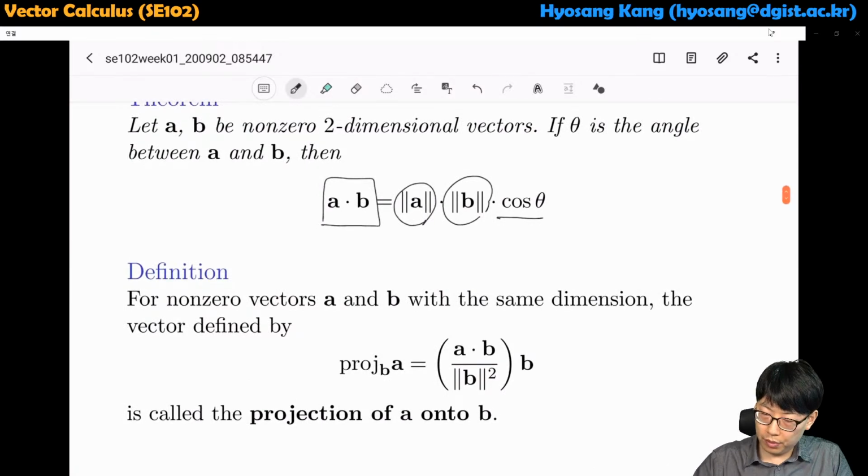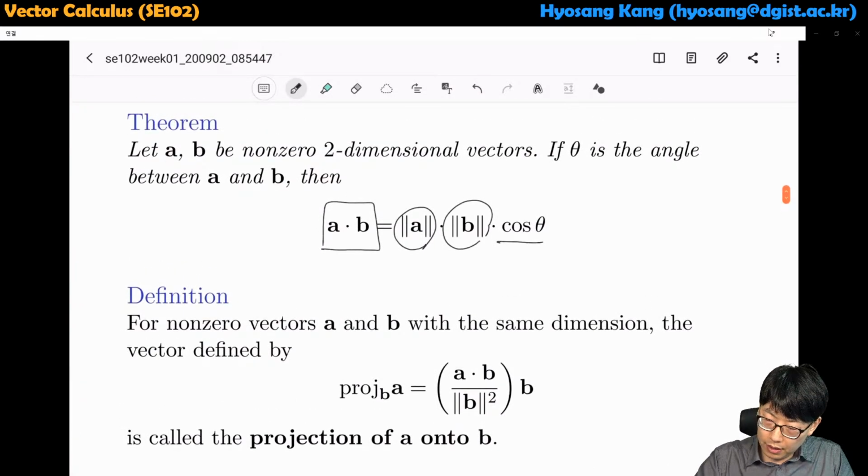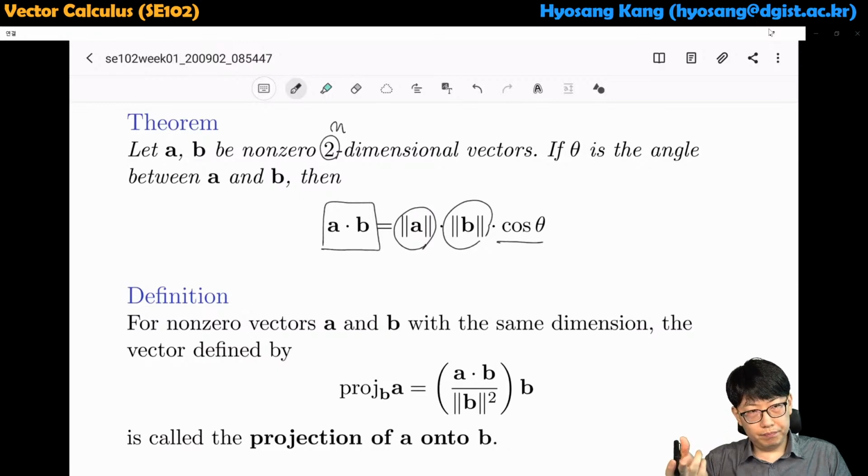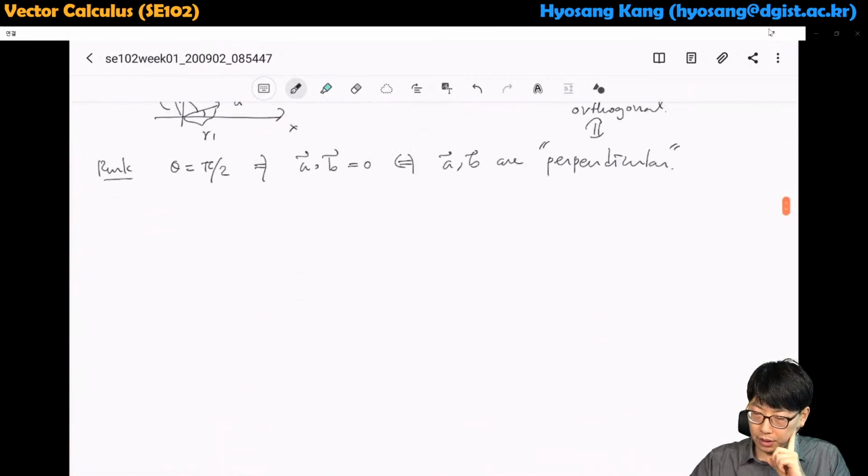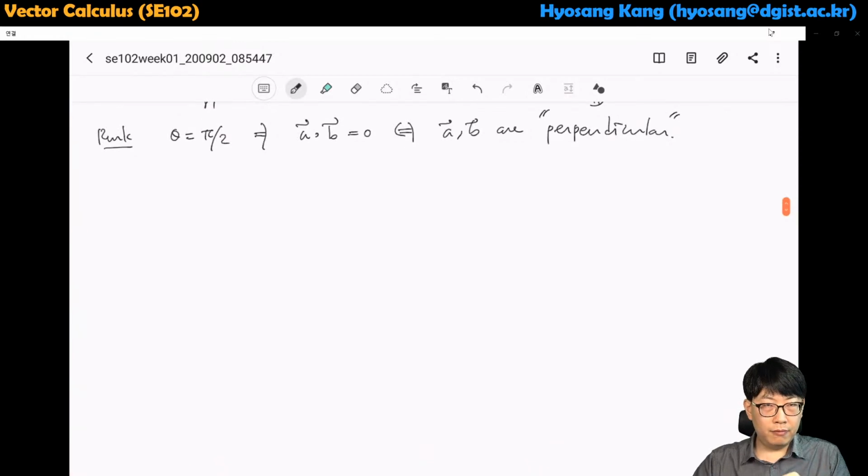So that's our theorem. And now we can generalize this to not only two-dimensional vectors but also n-dimensional vectors. Before we actually generalize to n-dimensional vectors, let's talk about three-dimensional vectors. If you pick any two three-dimensional vectors, they must lie on the same plane.